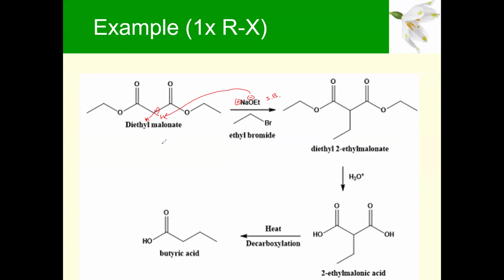Okay, and then just to save some space and time, I'm just going to say carbanion. The carbanion is just going to undergo an SN2 reaction right there. Your leaving group in this case is going to be the bromine, so it leaves, and it's an ethyl bromide.